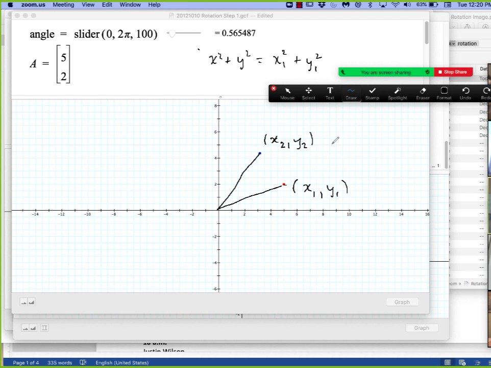Let's call it x2, y2. The whole point of this animation is that it's showing us where this point is. Is that only dependent on x1, y1, or on anything else?